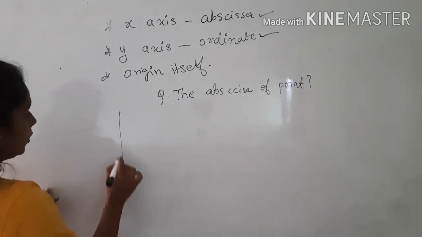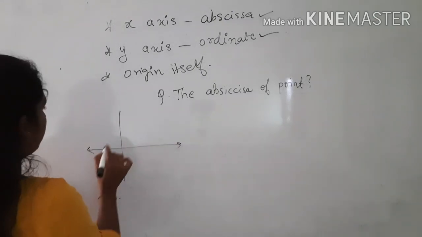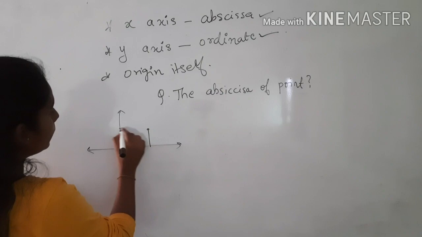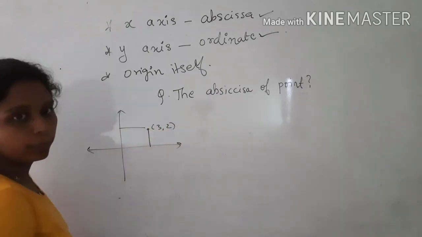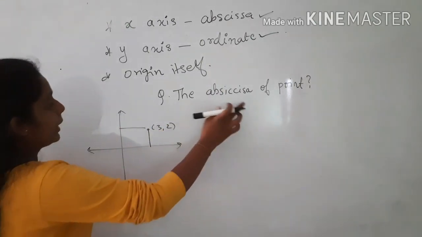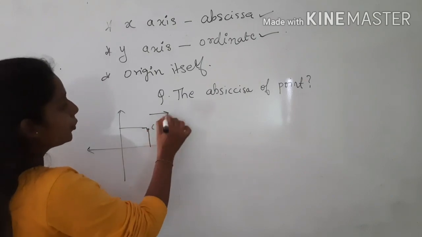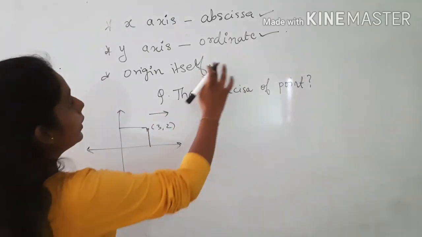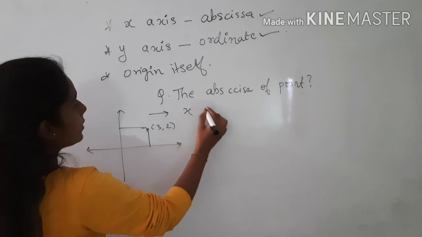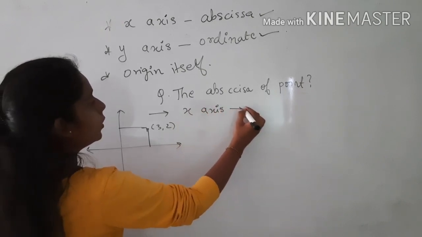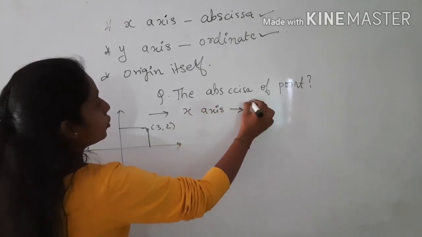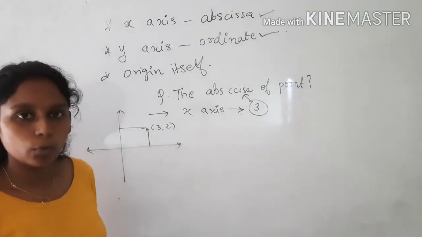I am giving you here a graph. This is a point, be it (3, 2). Now if I told you to write the abscissa of this point, what are you going to do? Abscissa means the x-axis. So the x-axis point will be 3. So this is the abscissa for the given point.